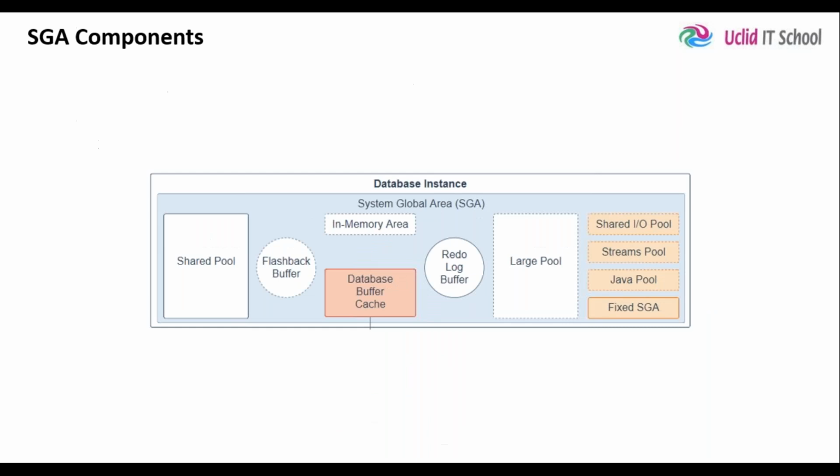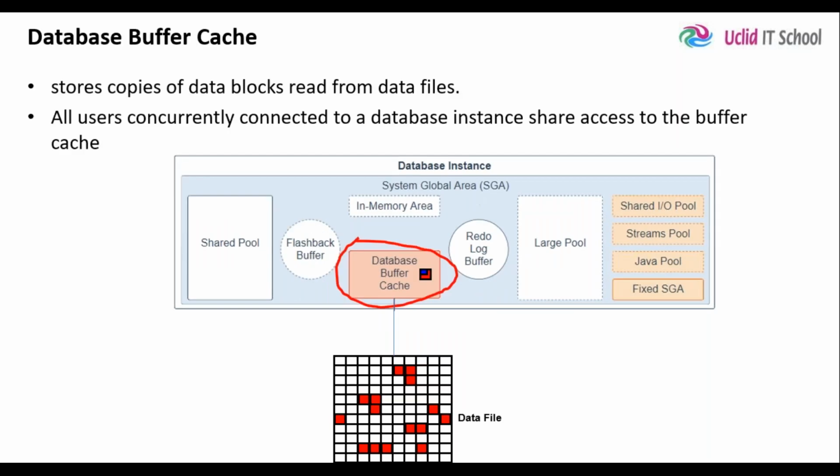So once the block is read into the buffer cache, now you can see these red ones are your data blocks with data. Now this block is read into the database buffer cache. After reading into the buffer cache, you might change the data.